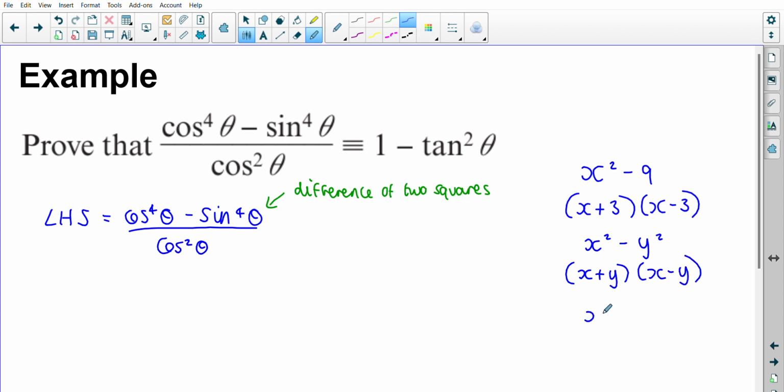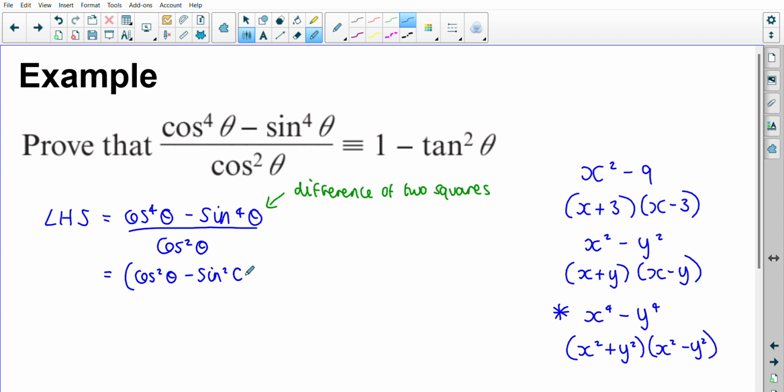If I had x to the power of 4 minus y to the power of 4, it would be x squared plus y squared, and then x squared minus y squared. So I'm going to use this down here, but in terms of cos and sine. So it's going to be cos squared theta minus sine squared theta, and then cos squared theta plus sine squared theta, over cos squared theta.